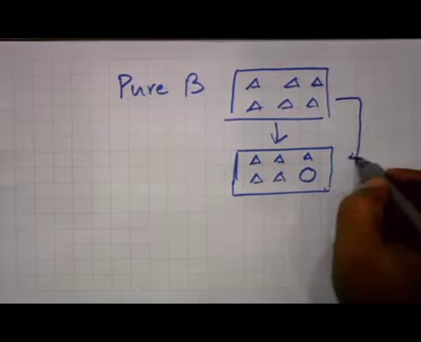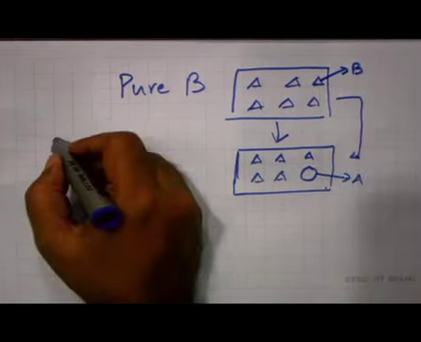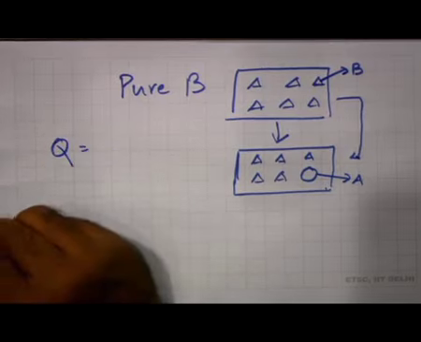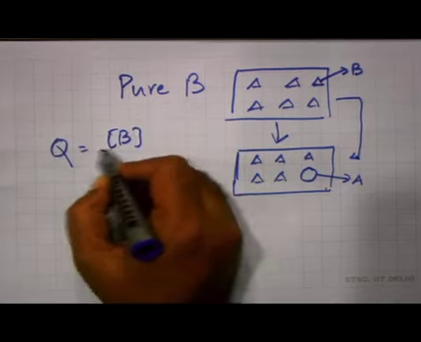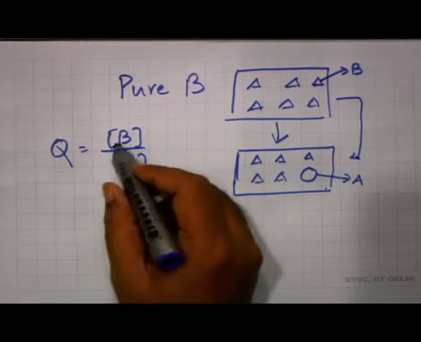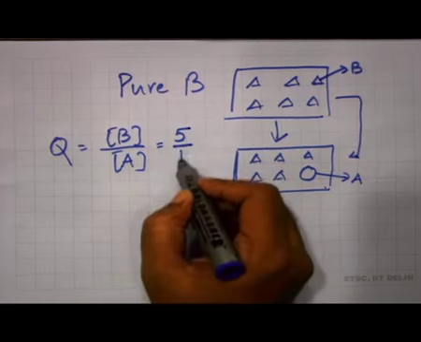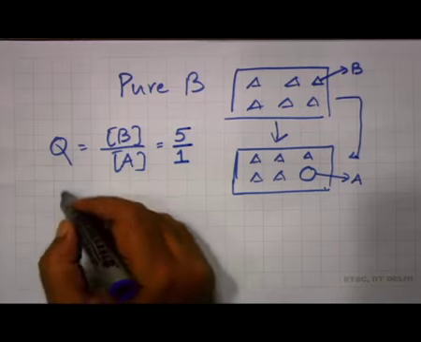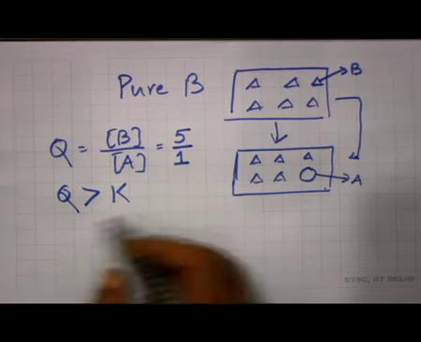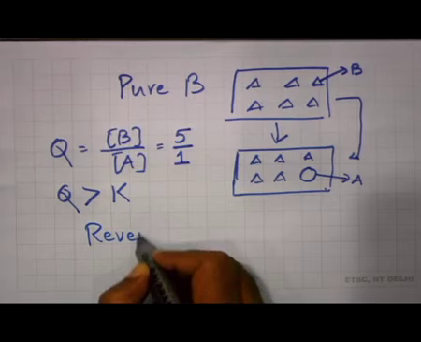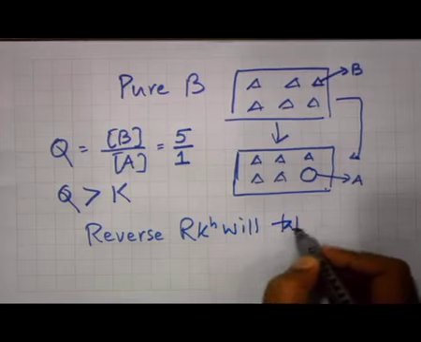In this case we are starting with B and this is your A. I am again calculating Q only for the forward reaction, so I am not going to change this B by A. So, B by A will be 5 by 1, and now Q is greater than K. In this case the reverse reaction will take place.